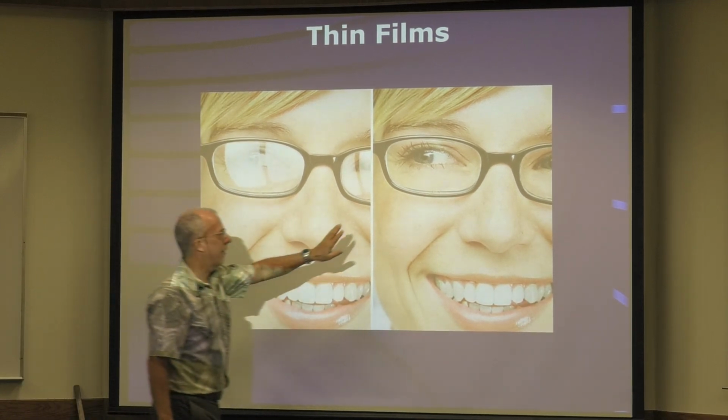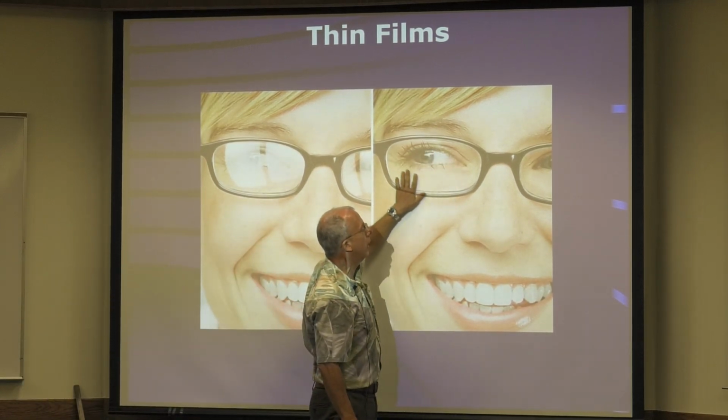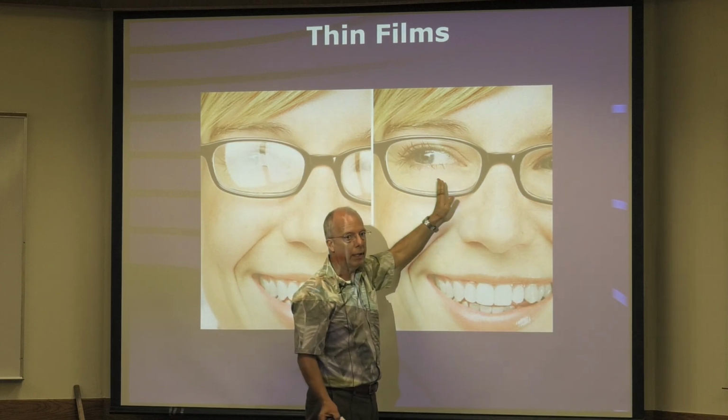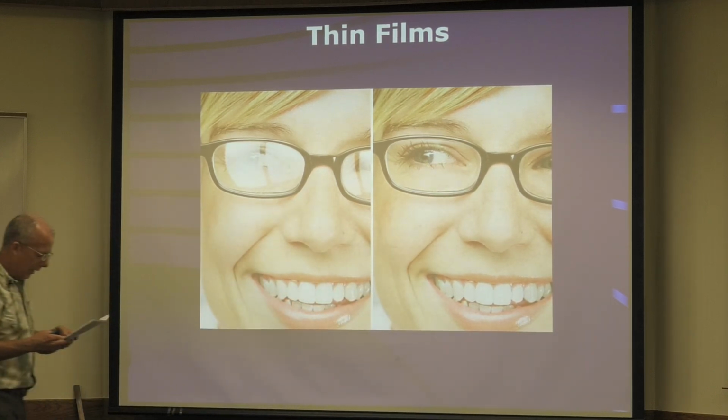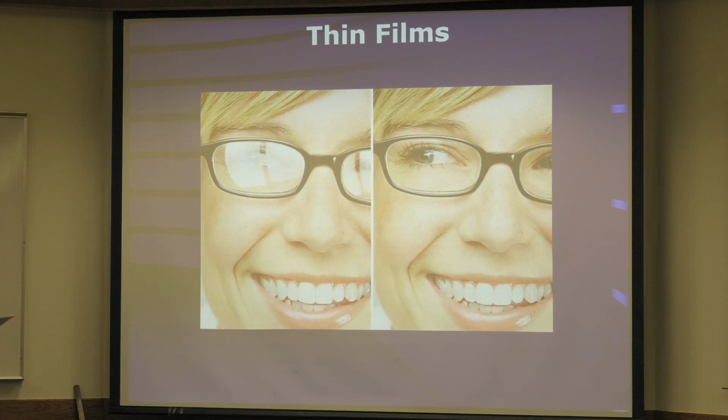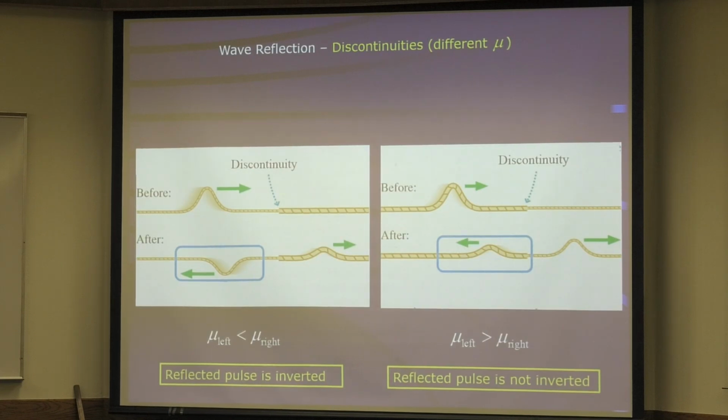These glasses have an anti-reflective coating on them. So the coating is the thin film. So we want to talk about thin films. Anyway, let's go. Now let's review something that we learned in Physics 105.